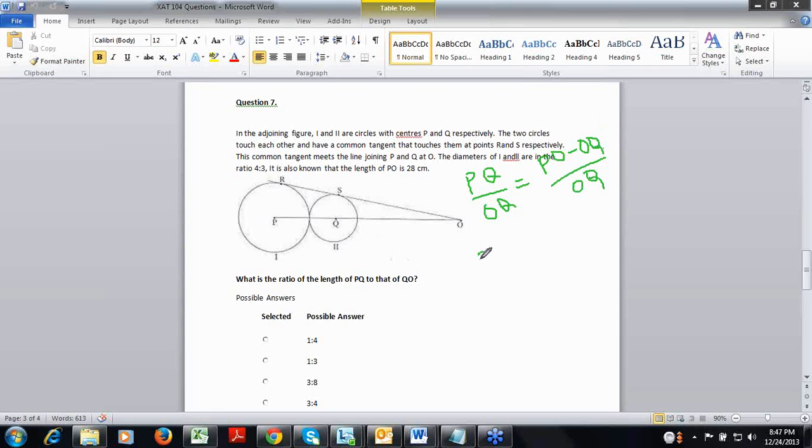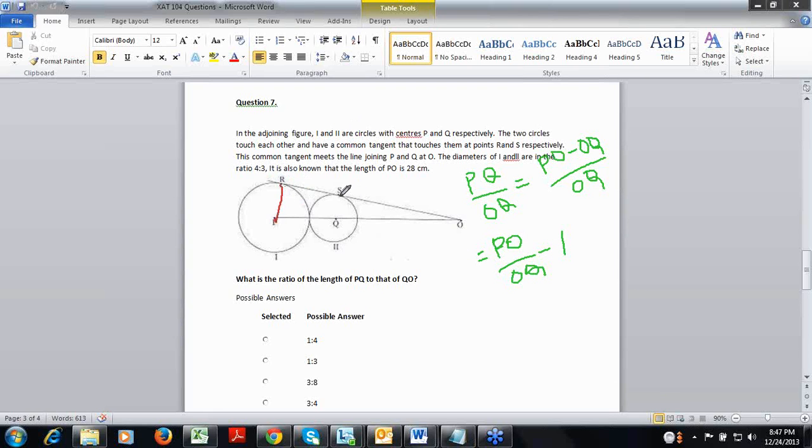So what essentially we need to calculate is PO upon OQ minus 1. So we need to calculate PO upon OQ. So let's do a small construction over here.